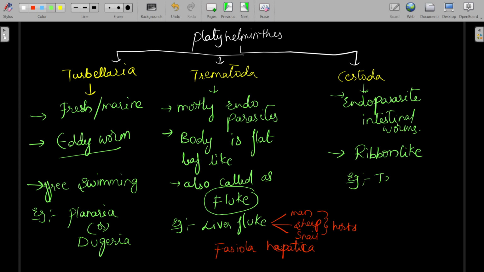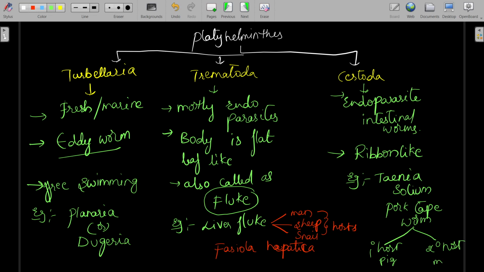Coming to the Cestoda, an example is Taenia solium. Taenia solium is the pork tapeworm. The primary host is pig and the secondary host is human.